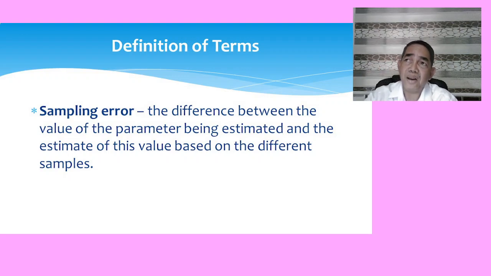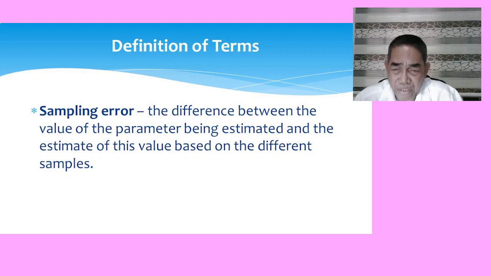So for example, let me just go back to my example on the prevalence of smokers among medical students in FEU. If my target population are medical students in FEU, which is a finite population, suppose, for example, there are 3,000, I don't know the exact value.